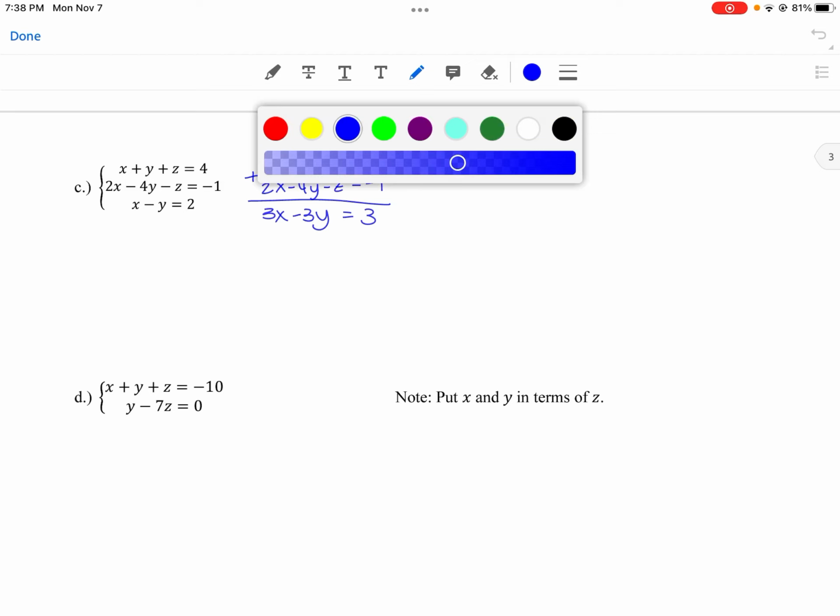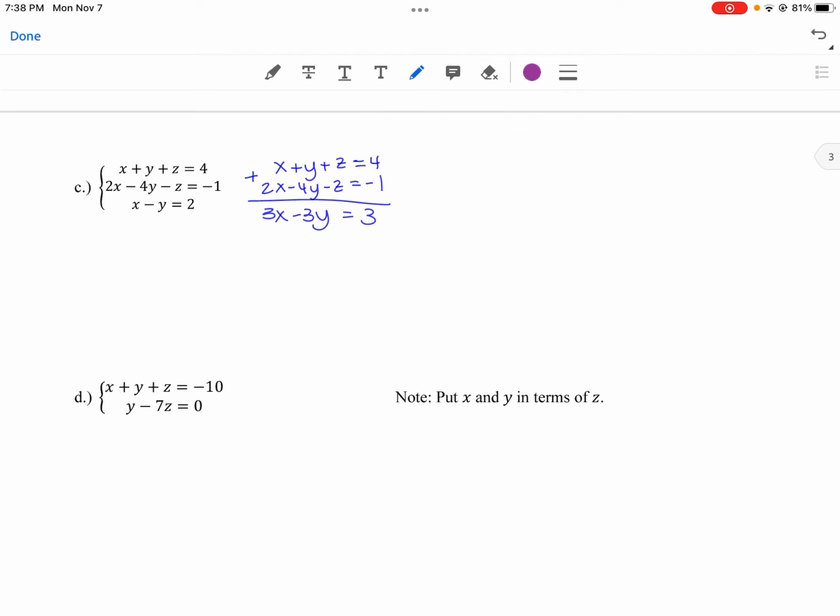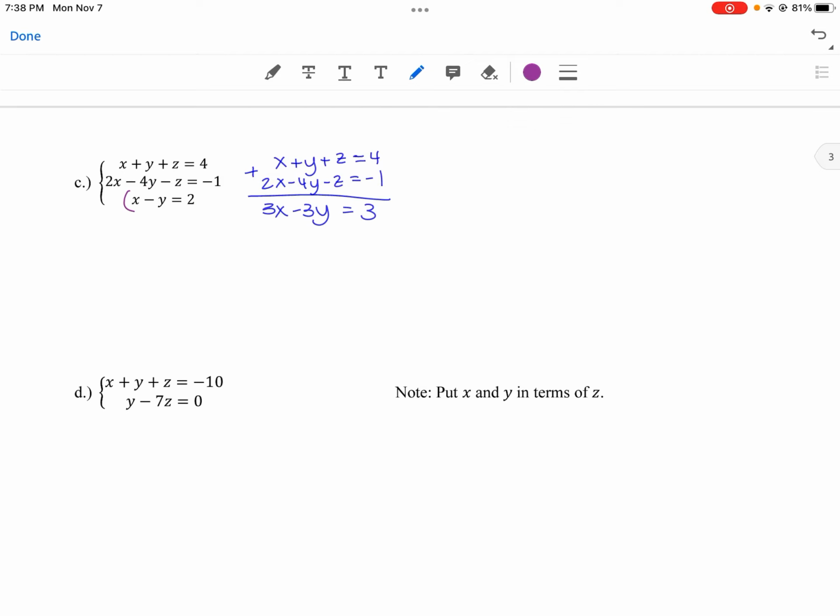And I'm going to combine that with this equation. So to have your x's cancel, maybe I'll multiply this times a negative 3. So now I have the 3x minus 3y equals 3. That comes right there. And I'm going to use this one for my other one. So negative 3x plus 3y equals negative 6.